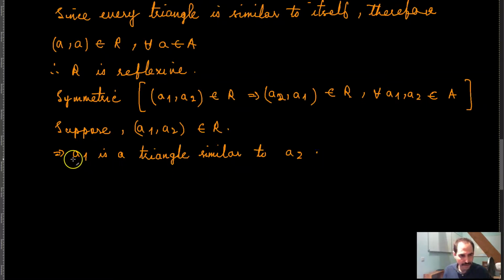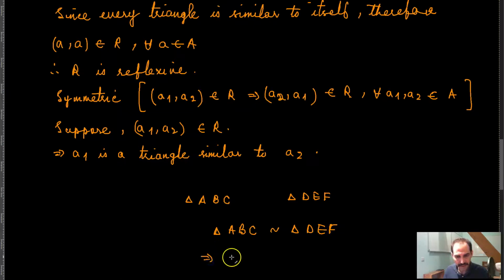Of course, if you have two triangles, for example triangle ABC and triangle DEF, and triangle ABC is similar to triangle DEF, then by definition triangle DEF is also similar to triangle ABC, right?